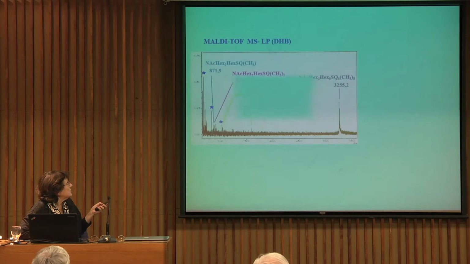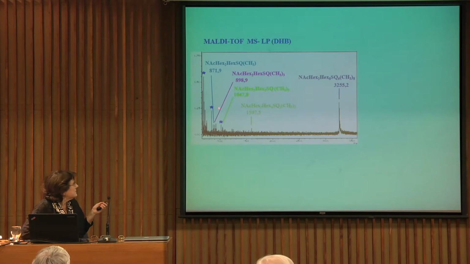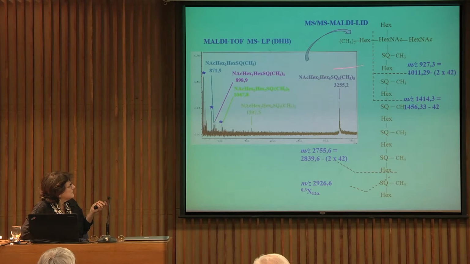Further on, we performed a MALDI mass spectrometry analysis, but now in the linear positive mode, of the released oligosaccharides by the enzyme. And then we could detect the corresponding ions, but in this case we could detect a higher mass ion that could be, after MS analysis, detected as the same structure but with repeating units of methyl sulfokinurose hexoses, like this.